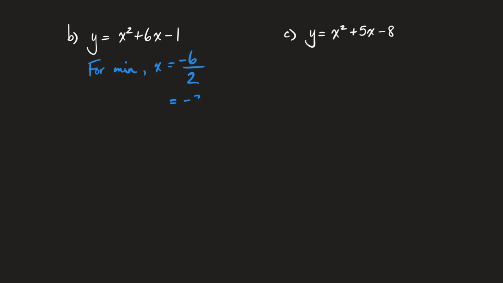Now we can simplify that. I now know the x value of my vertex. So, like anything, I now need to sub in my x to get my y. So I'm going to sub x equals negative 3 into my function. My advice to you on your work, actually, let me just change that back to blue.